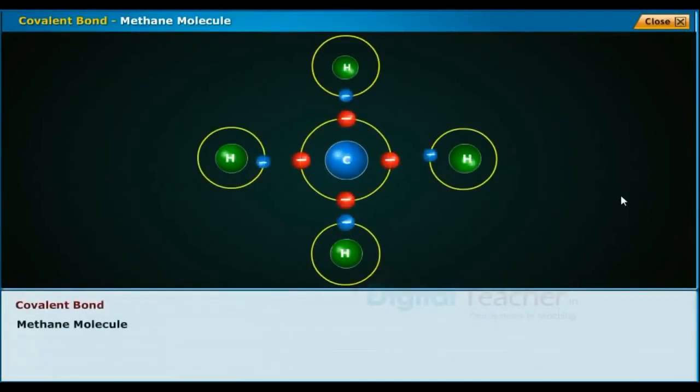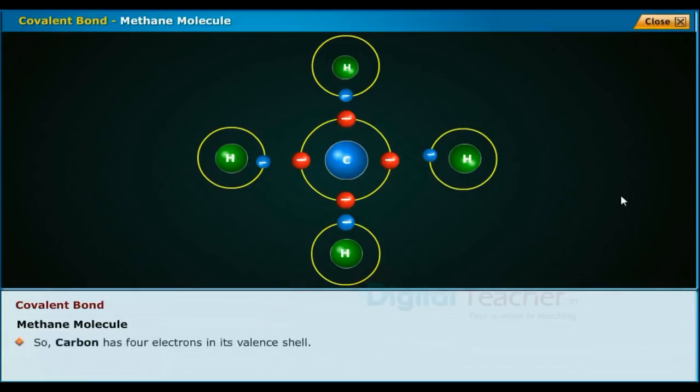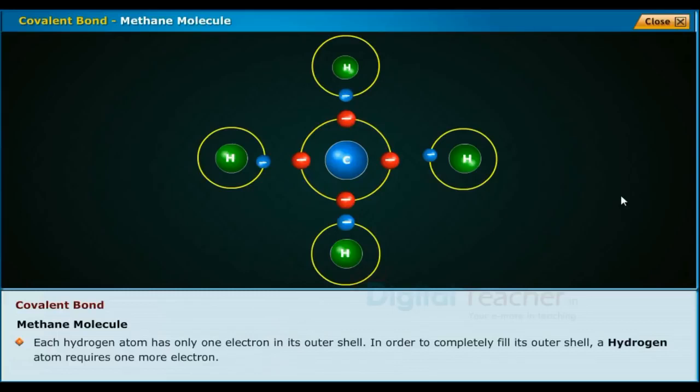Methane molecule. A methane molecule, CH4, is formed by 1 carbon and 4 hydrogen atoms. The arrangement of electrons in a carbon atom is 2, 4. So carbon has 4 electrons in its valence shell. It requires 4 more electrons to complete its octet configuration. Each hydrogen atom has only 1 electron in its outer shell.